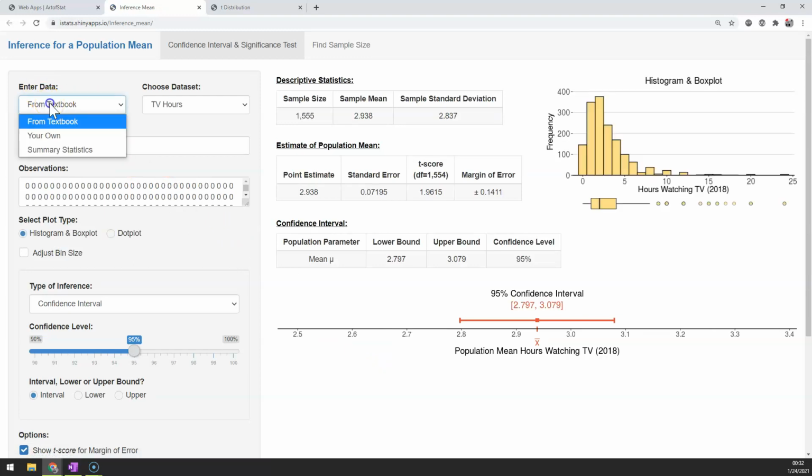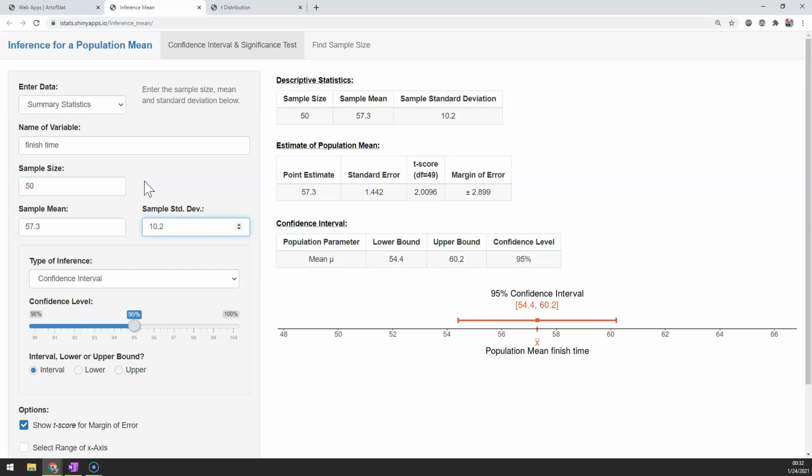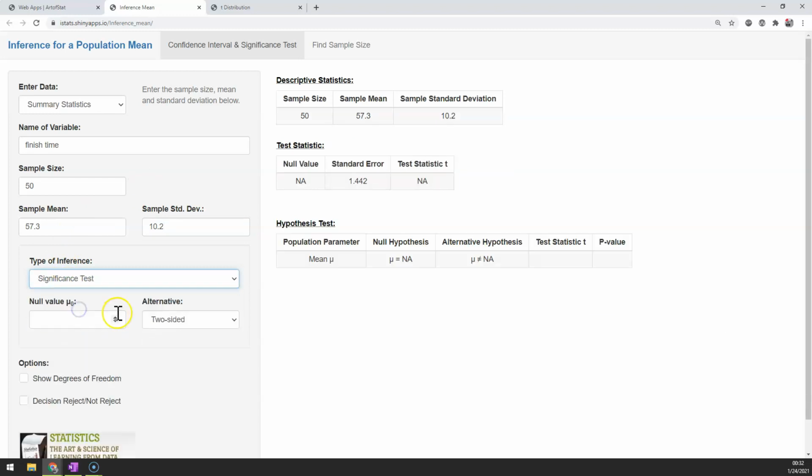Under the enter data section, we can have our own if we have the actual raw data, the actual numbers, but right now we only have the summary statistics. From here, what we are looking for is the finish time, so I'll type that in as our variable. That's optional. Our sample size was 50, our sample mean was 57.3, and our standard deviation was 10.2. On the type of inference, here is where we can switch to significance test and type in the information from our hypotheses.